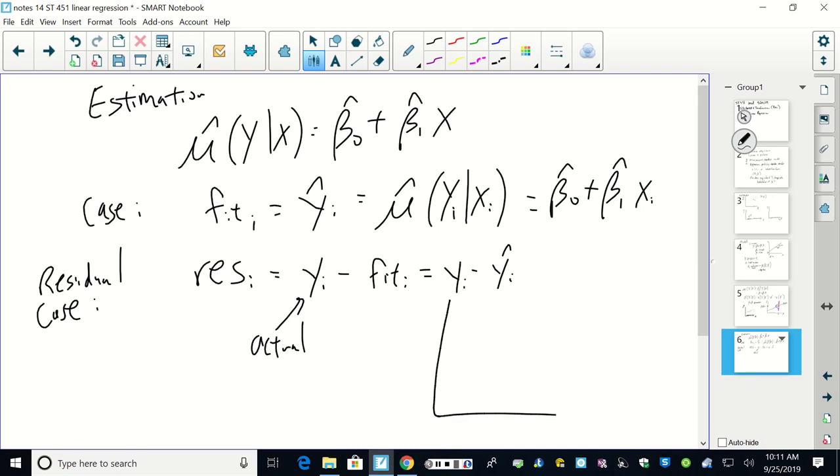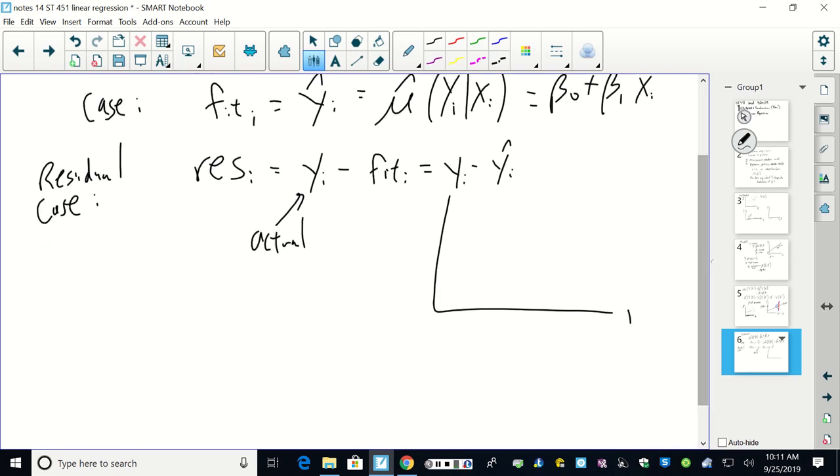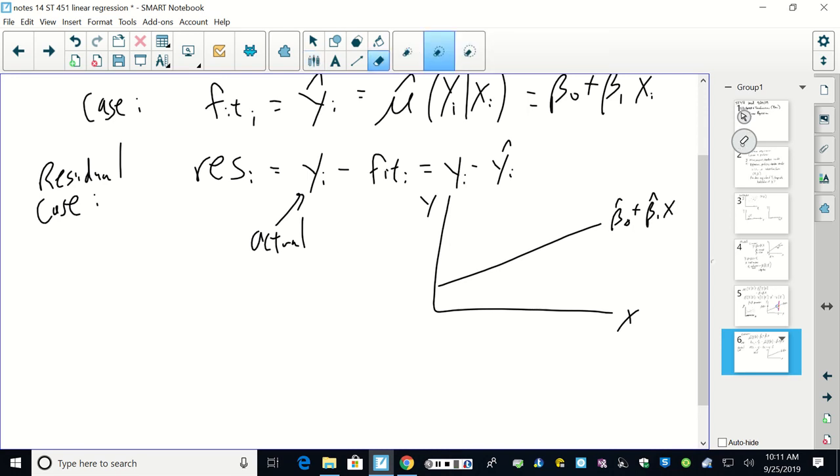And if this is x and y, we can picture that, right? So if this is our estimated line, well, the estimated line doesn't even have to have a little i on it, it's just the equation there. And if we have a particular xi here, then mapping up to here and over is our predicted value, our yi hat. Or equivalently, the mu hat, the estimated average at that value.